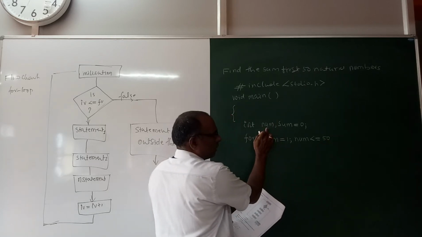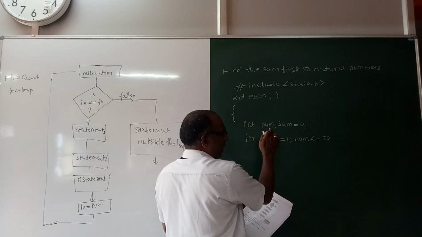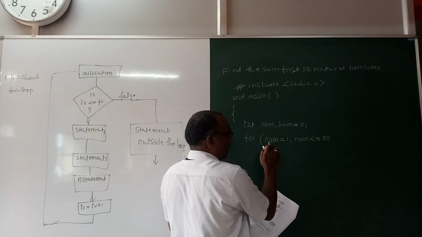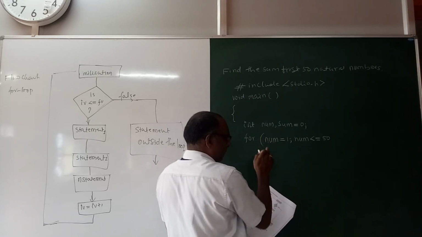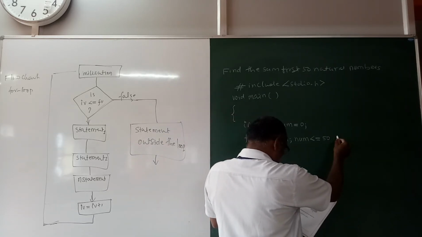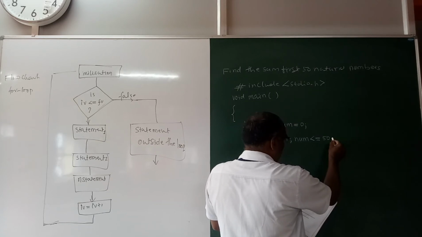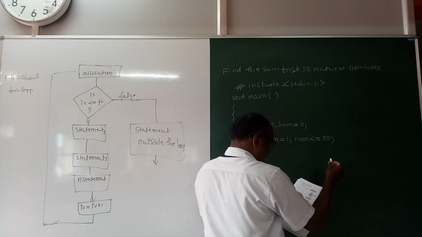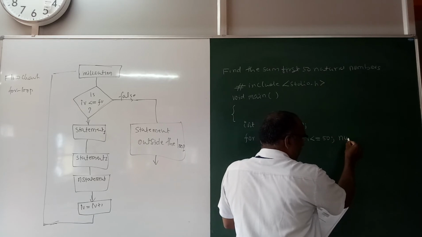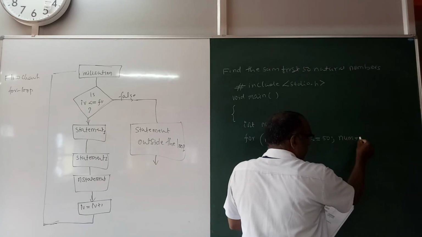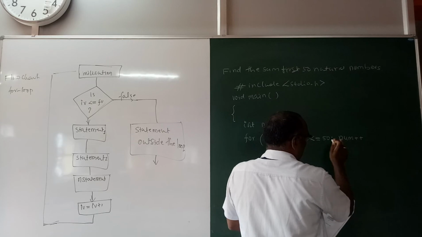This is a variable we have declared as an integer. In the for loop control statement, the number is incremented by plus plus, which we have discussed.